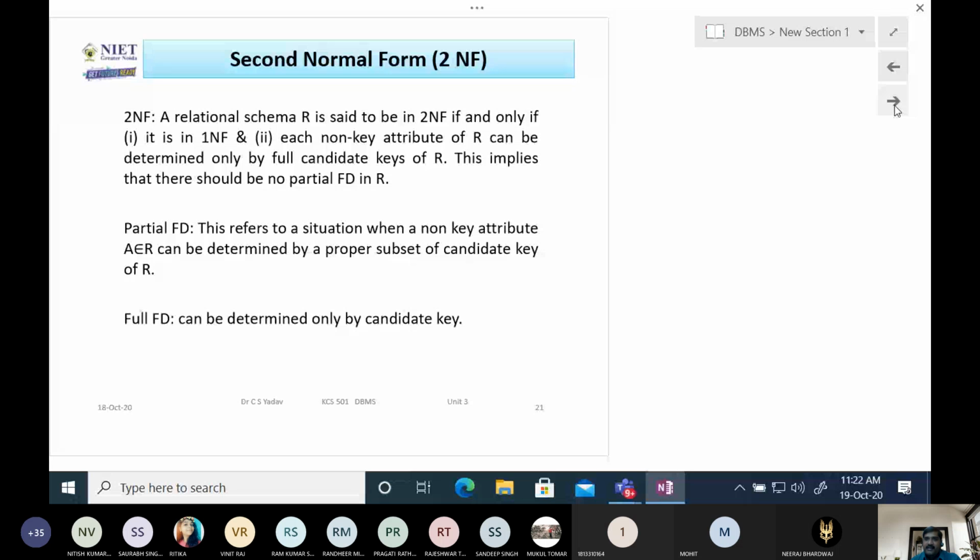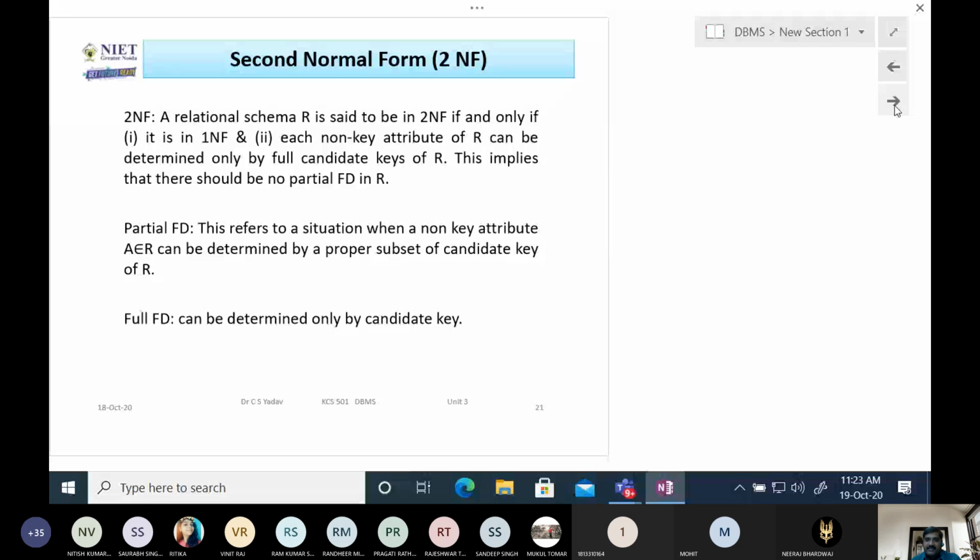I have already explained that each dependency should be on the key, the whole key, nothing but the key. There should not be any dependency on a part of the candidate key. So there should not be any proper subset of the candidate key which determines the non-key attributes.